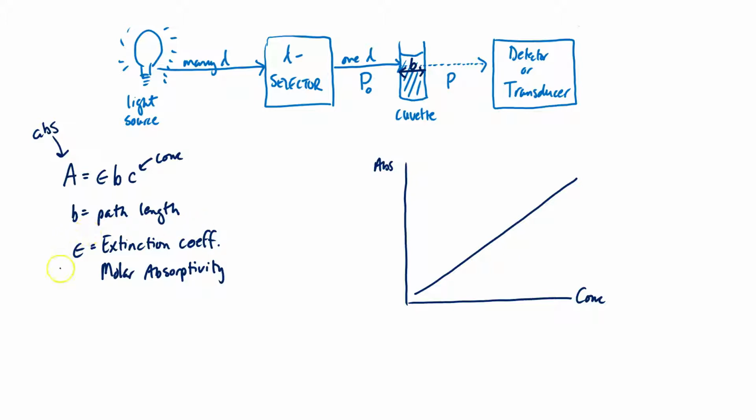And this is a quantity that is solute dependent. It varies from analyte to analyte. It just describes the ability of your molecule, let's say, to absorb radiation.